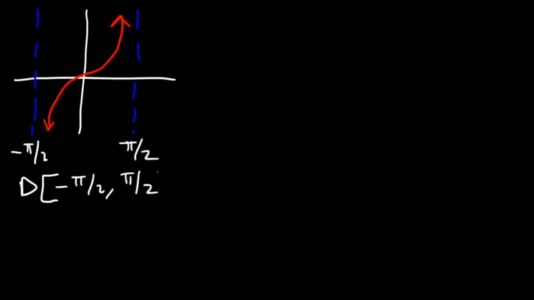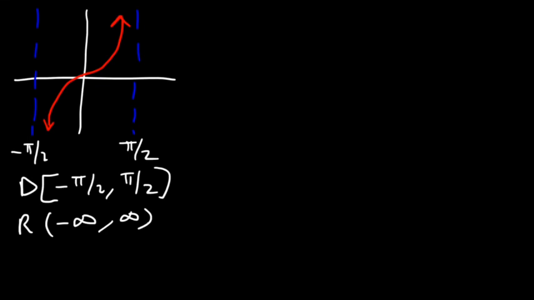This is the graph of y equals tan x, not tan inverse x. Now after that you write the values minus pi by 2 to pi by 2. Then this is the domain, minus pi by 2 to pi by 2, and the range is minus infinity to plus infinity.